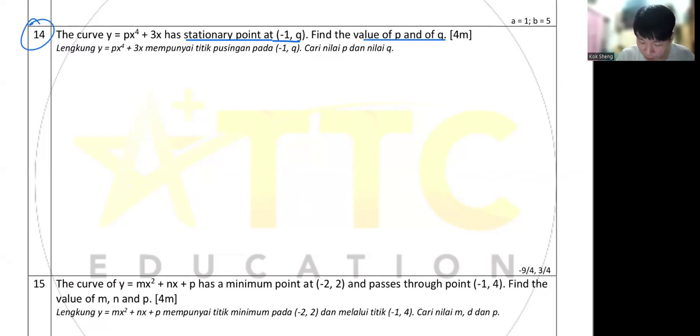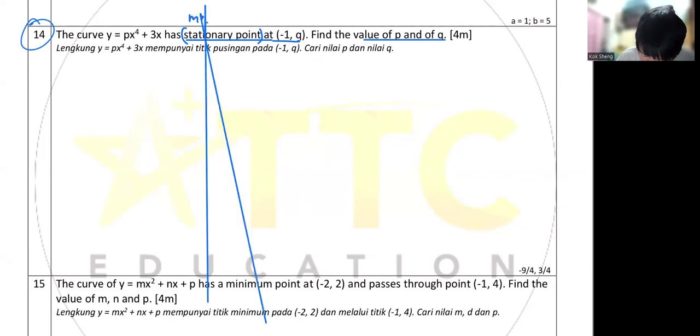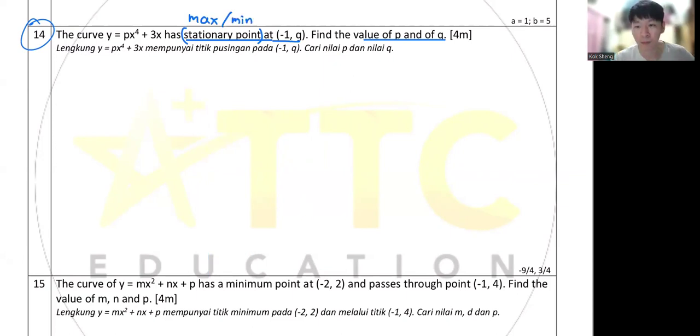So first thing here, stationary point, same as your maximum minimum point. So which means that we have one more hidden info, because I did explain, at the maximum minimum point, the tangent is totally straight, right?